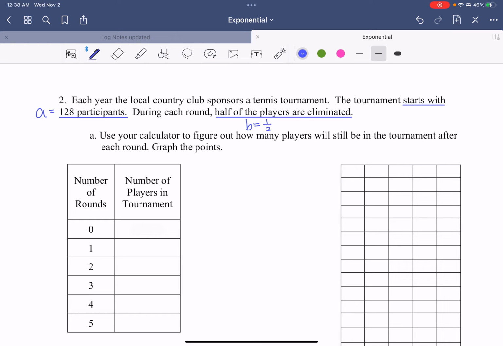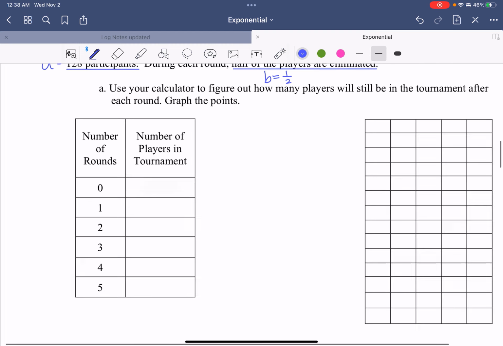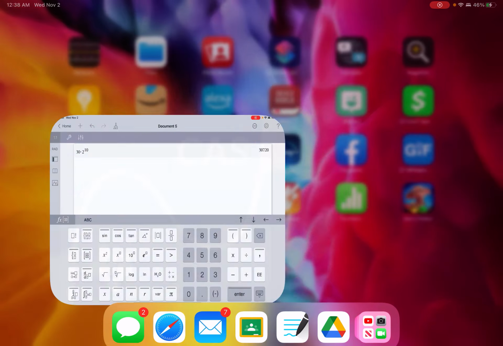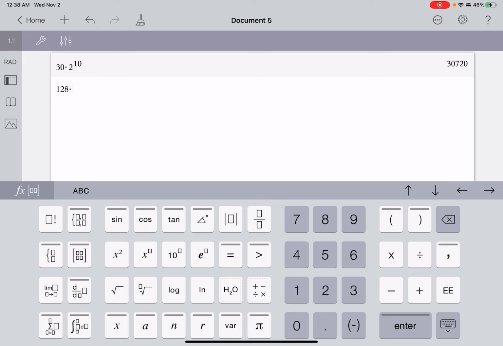Okay, so now we're going to complete our table. So it did say that at 0 rounds, we started with 128 participants. So if you multiply 128 times 1/2, you get 64.